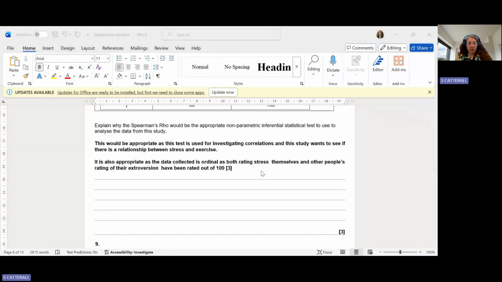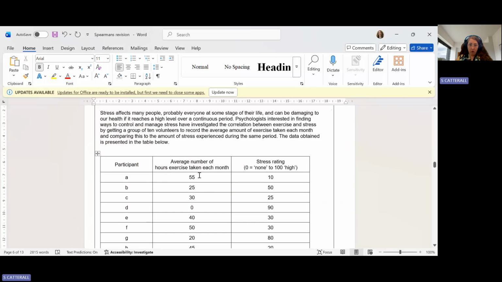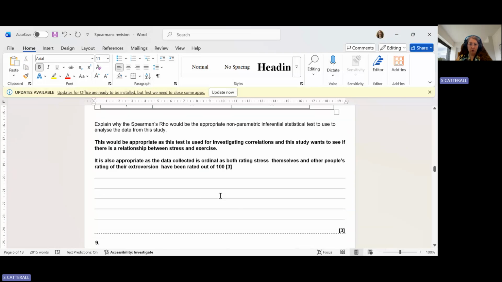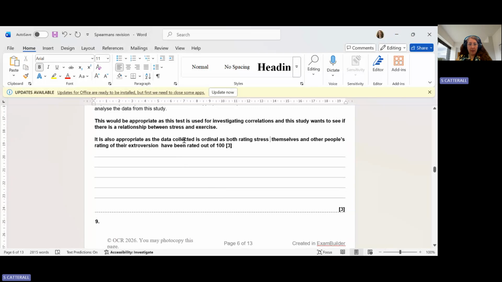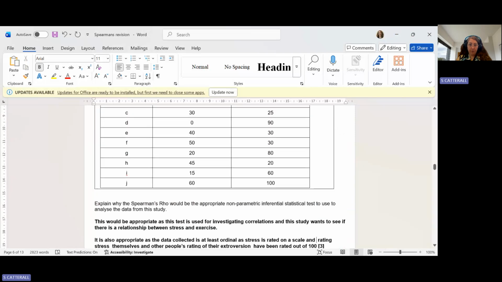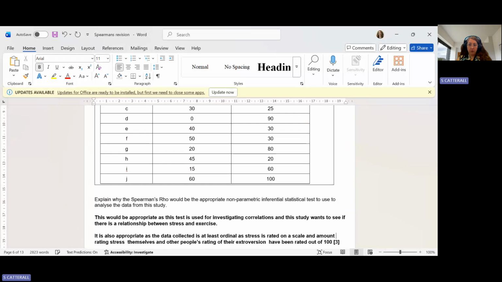stress. Let me just check the marks given on this one actually. Correlation, at least ordinal data collected. Yeah, what we're going to put on this one, because technically that's not ordinal level data, that's kind of like an interval score, is that it's at least ordinal. So the data collected is at least ordinal, as stress is rated on a scale, and amounts of exercise.